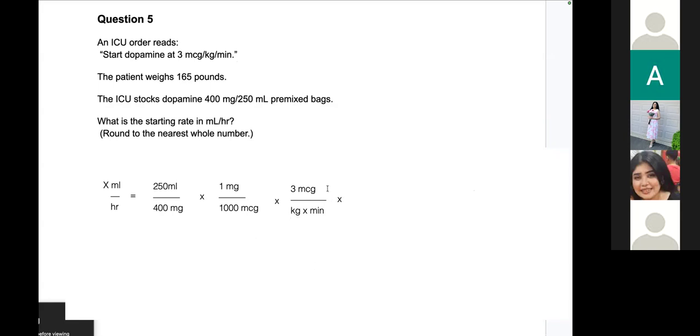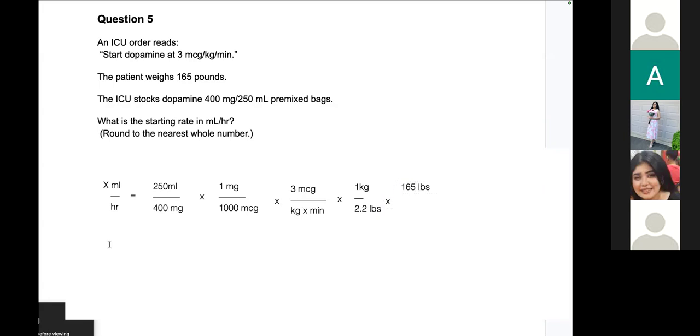So our micrograms then cross out. I'm left with kilograms. I don't want that. I know that for every 1 kilogram, I have 2.2 pounds. And I know that my patient is, in the question, they tell me it's 165 pounds. What is left?